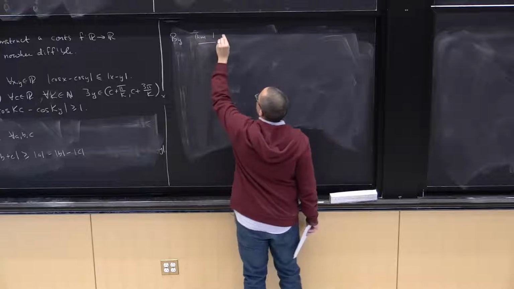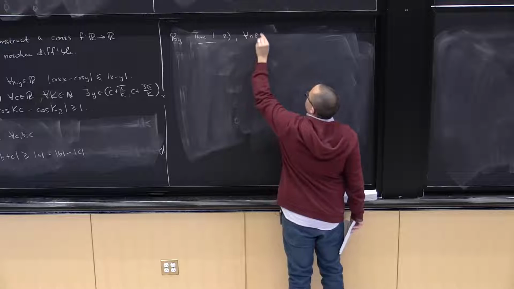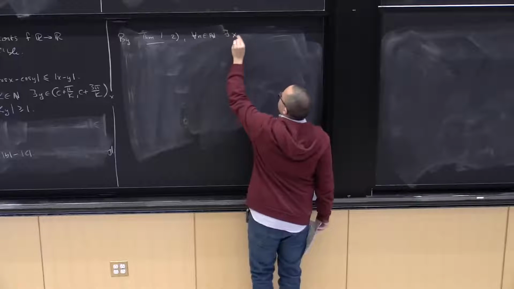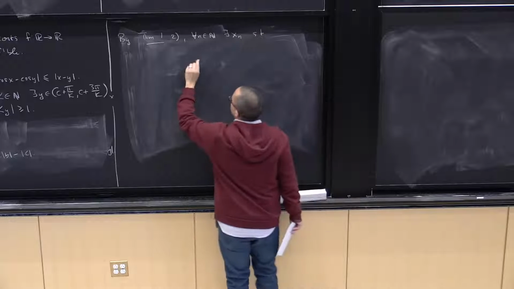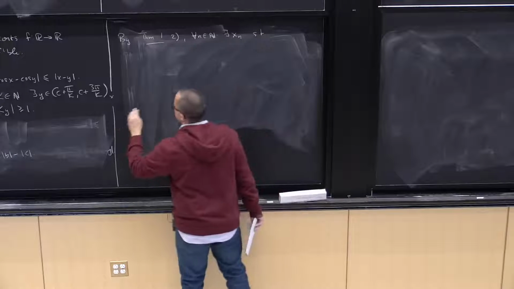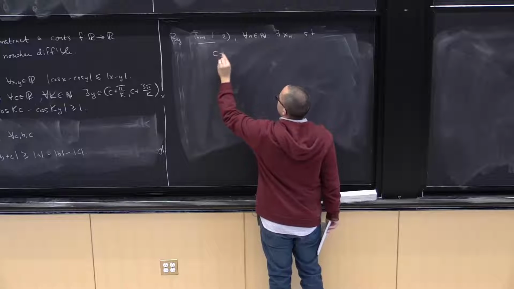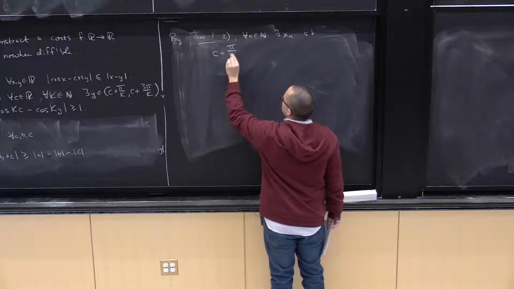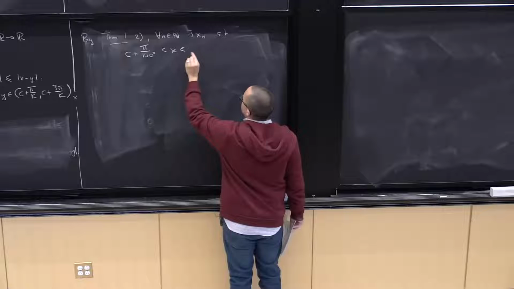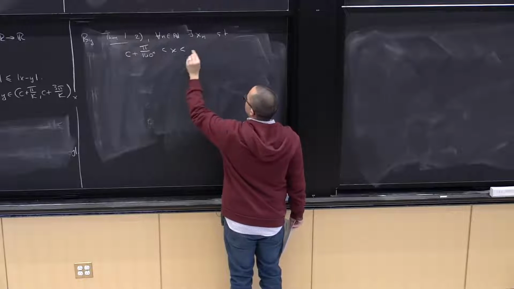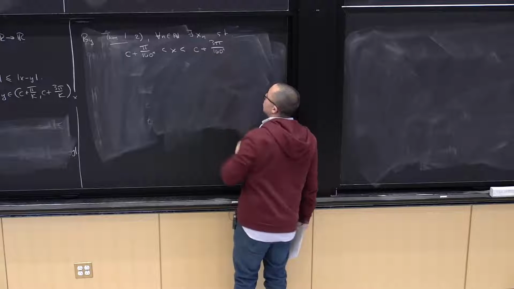By Theorem 1, namely part 2, for all n, a natural number, there exists an x of n such that x of n is in an interval of the form c plus pi over 160n is less than x is less than c plus 3 pi over 160n.